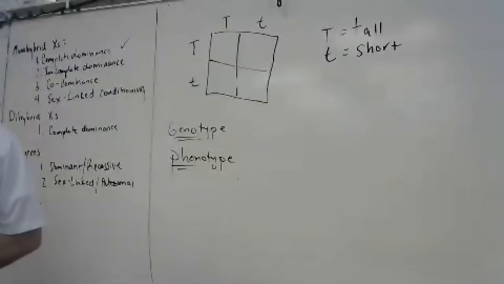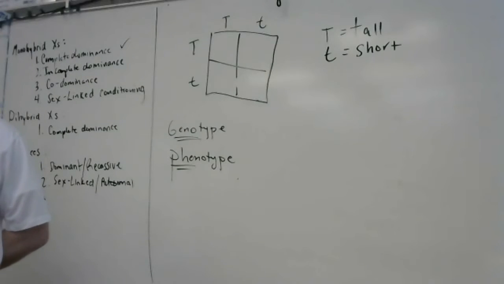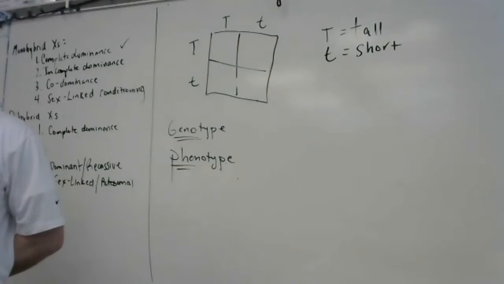Okay, all right. So now you're saying the recessive has a little bit more influence, and that is true. Or we might say the dominant has less influence. Any way you want to look at that, okay?